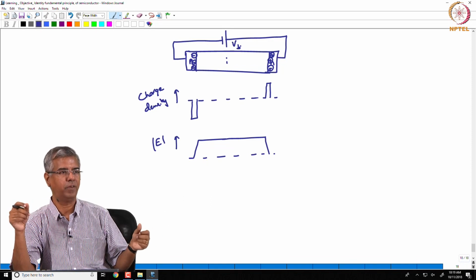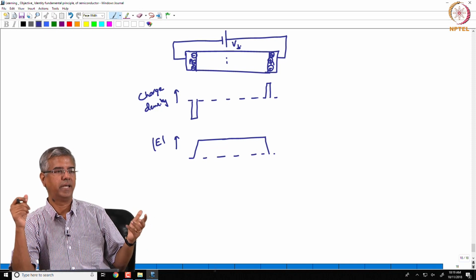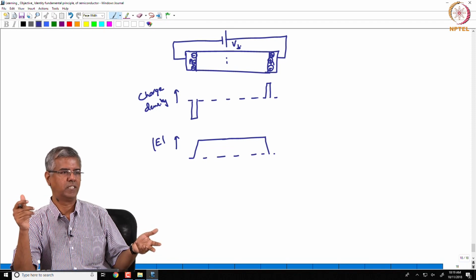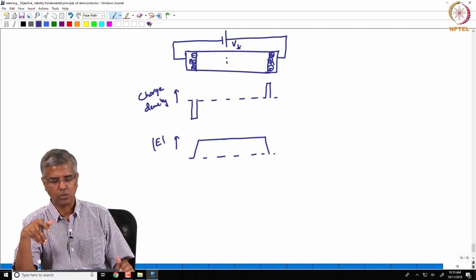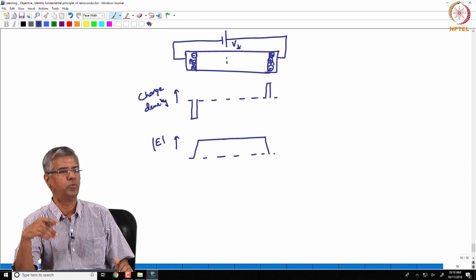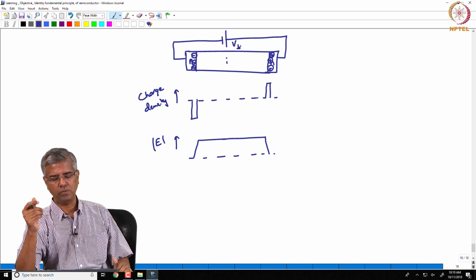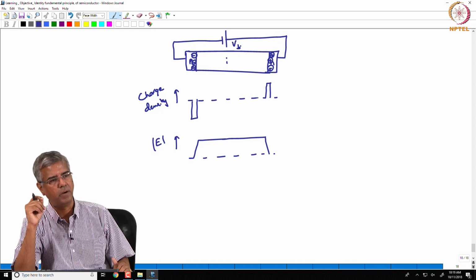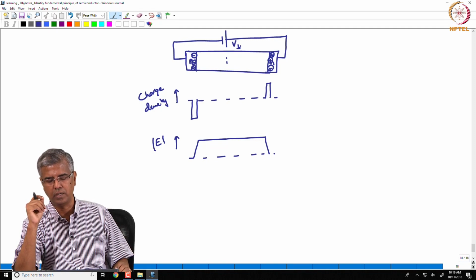If you have an electric field, what happens? You are encouraging the drift process, so there is very negligible diffusion happening. Intrinsically, this sort of structure is going to give you a very fast response time, okay. That is one of the major advantages of going to a PIN photodiode.